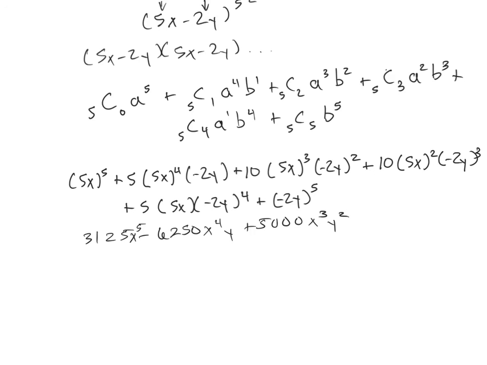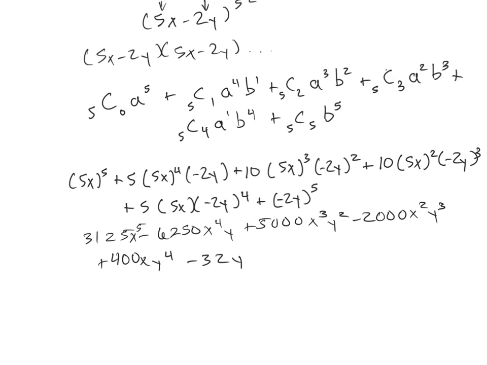Now 5 squared, that's 25 times negative 8 times 10 will give me negative 2,000 x squared, y cubed, and then negative 2 to the fourth power, that's 16. 16 times 5 is 400 x, y to the fourth power, and then negative 2 to the fifth power is negative 32 y to the fifth.